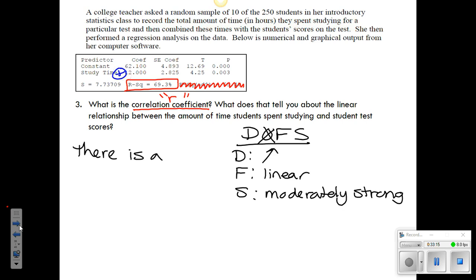There is a positive, moderately strong, linear. That's how I like to go. I like to do direction, strength, form.